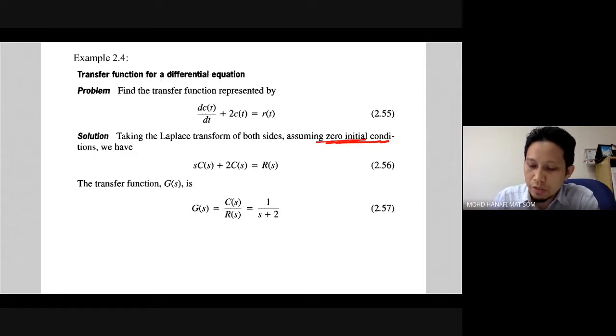So assuming 0 initial conditions, the term dc(t)/dt is sC(s), and then 2c(t) is 2C(s), and r(t) is R(s).